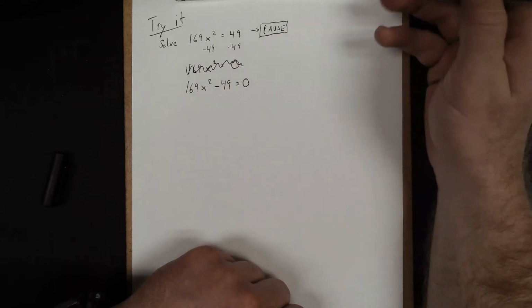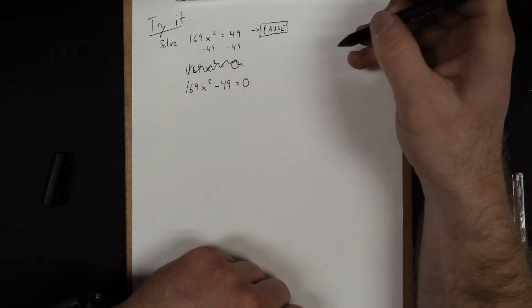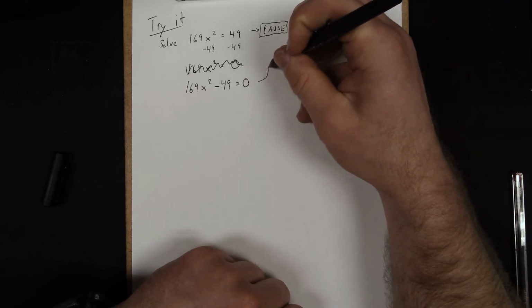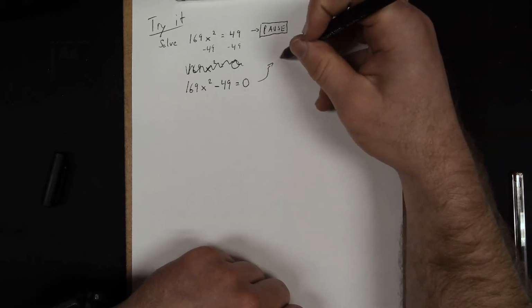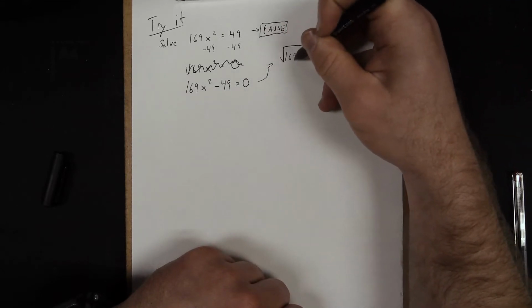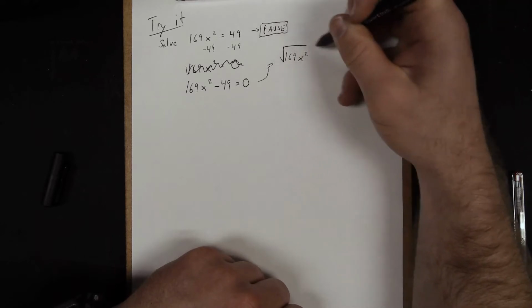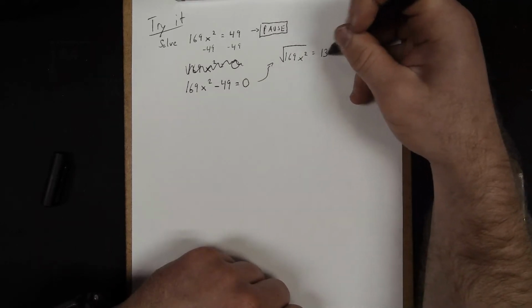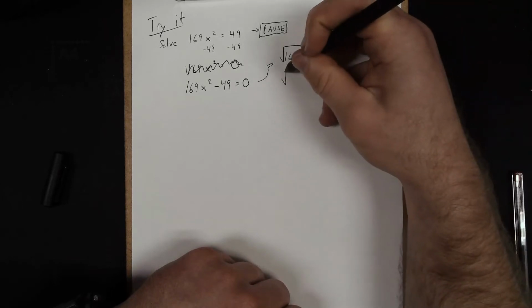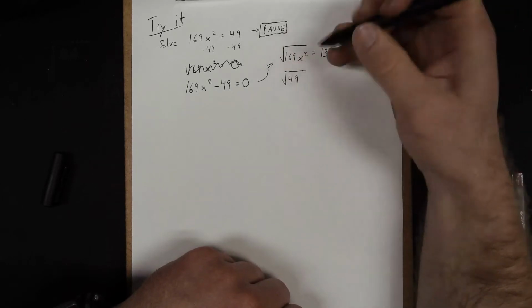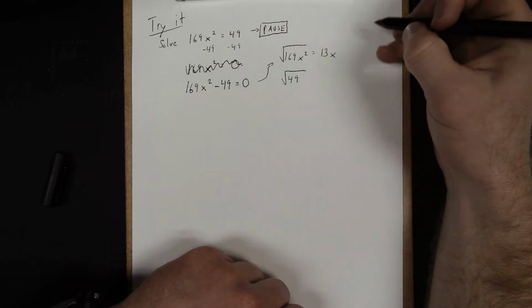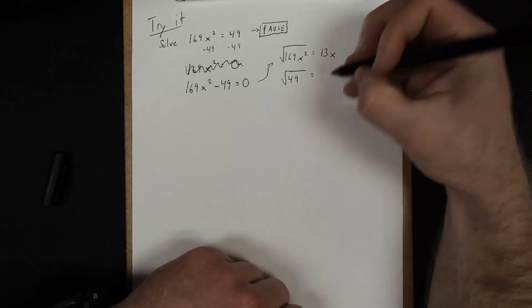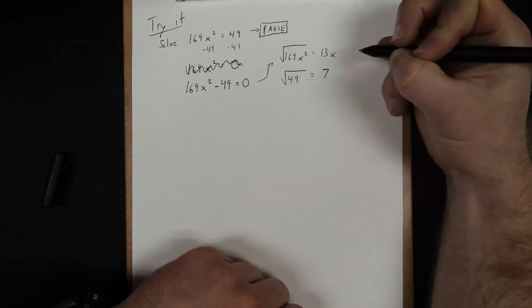Okay, so can't I just take the square root of each one? So let's do that over here. So we'll do the square root of 169x squared, and that's going to give us 13x. All right, and square root of positive 49. We're not dealing with square root of negatives yet. Square root of positive 49 gives me 7.